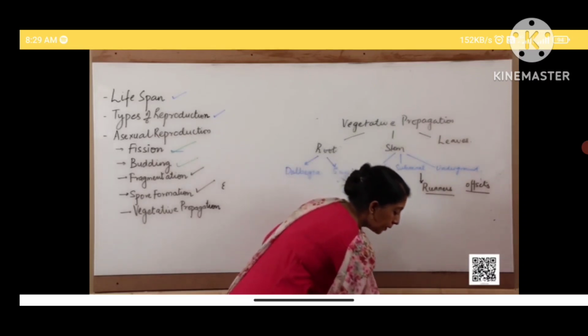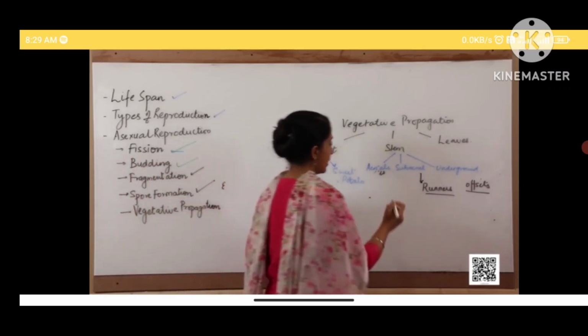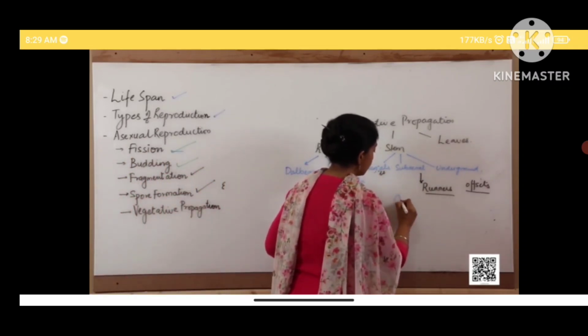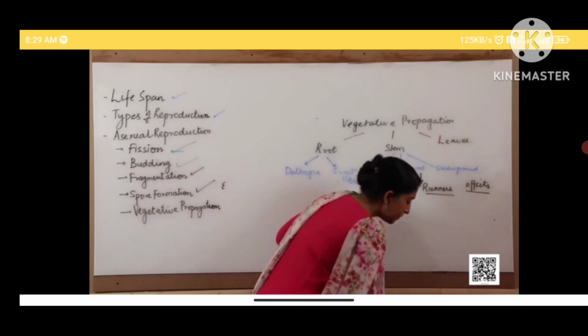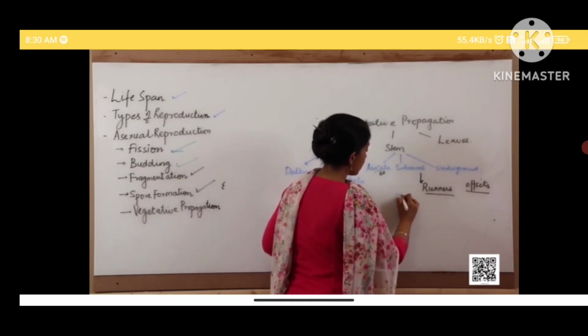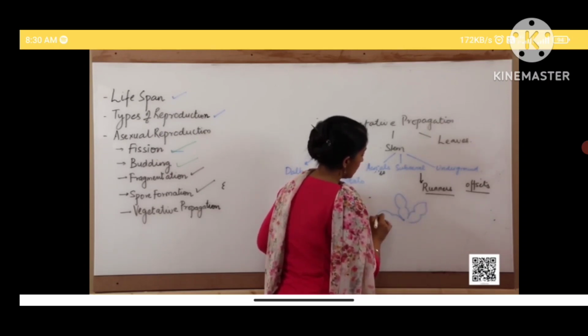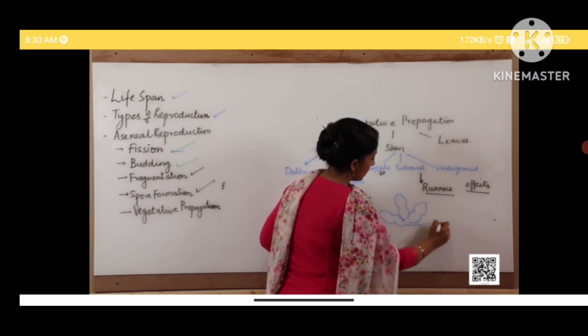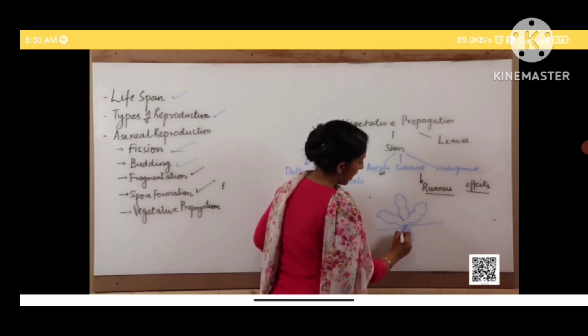Now, these offsets or the water hyacinth, since they are aquatic plants, they have thick leaves. They look something like this and they grow on the surface of the water, having leaves on the outer surface and the bulbous roots inside the water.